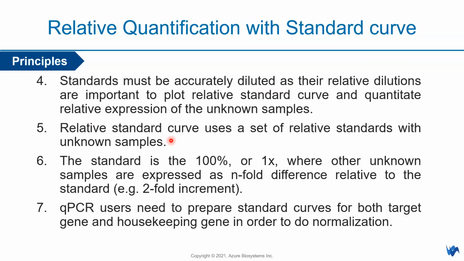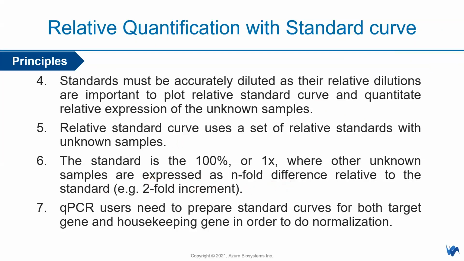And the relative standard curve uses a set of relative standards with the unknown sample. So you don't need a known sample in this case. Having an unknown sample is fine as long as you do the dilution properly. The standard that you use will be the 100%, or the one-fold, or the control, and the unknown sample will be expressed as n-fold differences relative to the standard.